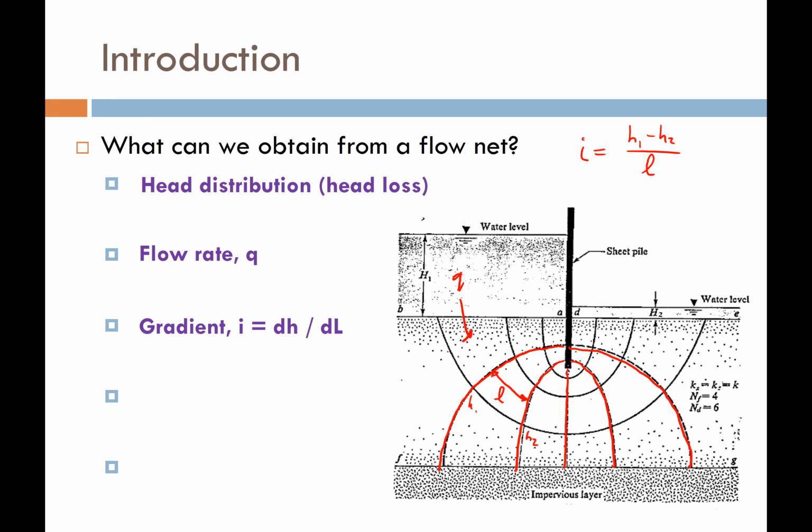So gradient could be something very, very useful that we can get from flow nets. If we can get Q, then we can also get discharge velocity V, because we know that velocity and area are related to Q. And we can also get pressure. Pressure being P, it's a very useful term. And we can use that in the design of dams or those kinds of things.